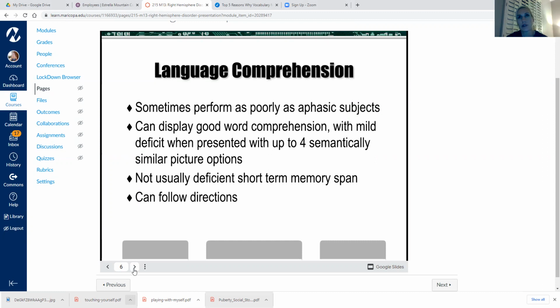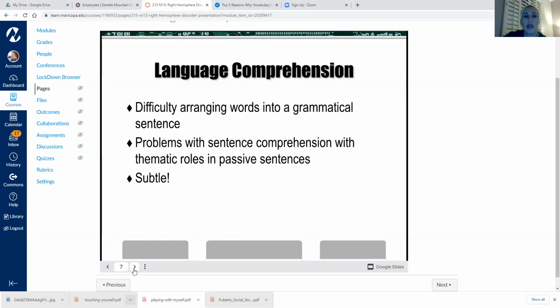Sometimes people with right hemisphere disorder don't look like our other patients with aphasia. They usually don't have a short-term memory span problem. They can follow directions. They usually have decent word comprehension. But when we're looking at it, it's more subtle.